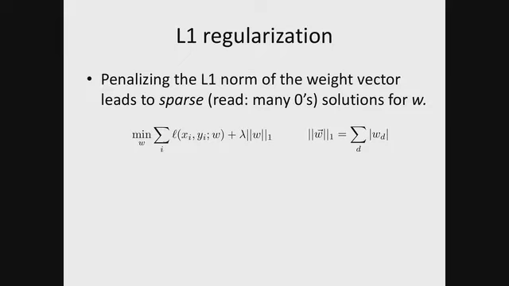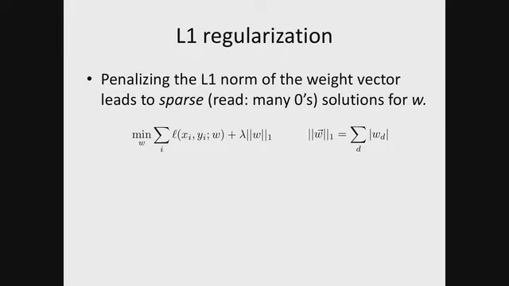All of you should be familiar with the idea of formulating machine learning as an optimization problem where you have some loss function and you have some regularization term. W in this case is the weights of your linear model, which we're trying to learn.